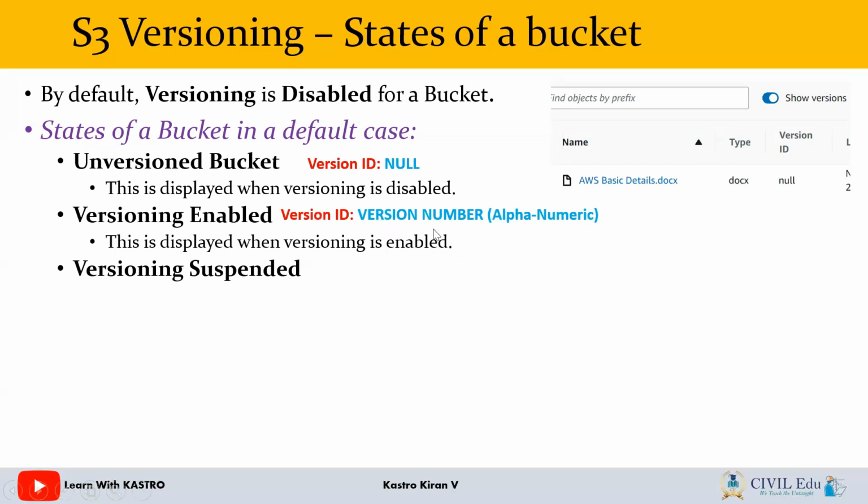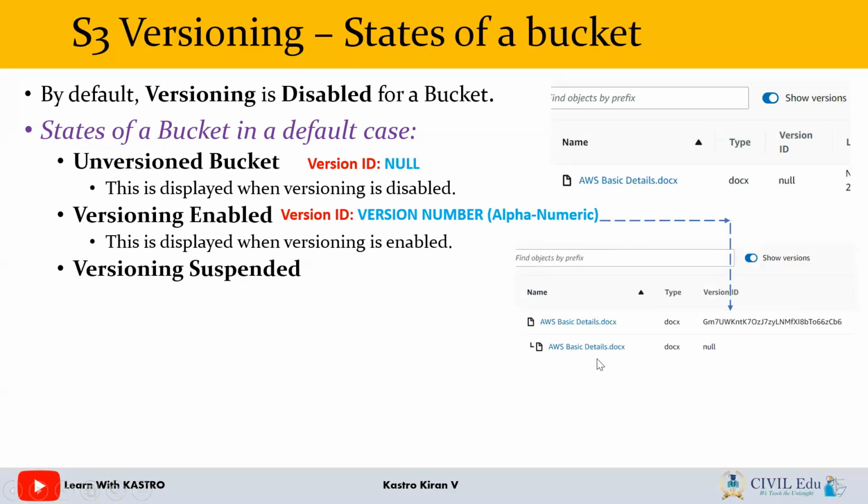This version number is a combination of alphabets and numerics, so that's called an alphanumeric version ID. Here you can see I have uploaded an object with this name, and the version ID is provided by S3.